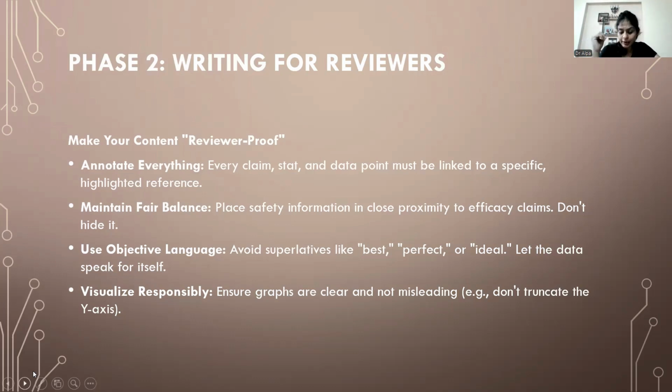Fair balance would mean that even if a drug is efficacious in 7 conditions, and even if there is a single adverse effect, a side effect, you need to document that side effect along with the drug efficacy. So everything needs to be documented transparently.